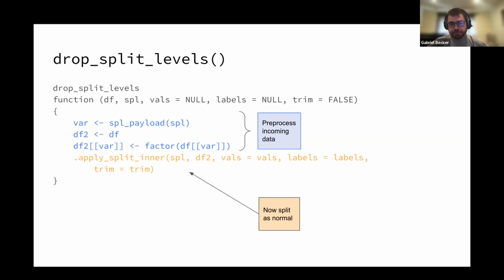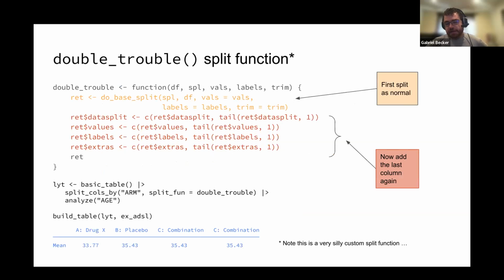So go ahead, please. So this is my extremely silly custom function. And the reason it's extremely silly is because we actually cover the vast majority of custom split types that you would need with the ones that we provide you. Like add combo levels is extremely powerful. It covers a very large percentage of the things that you would want to do.